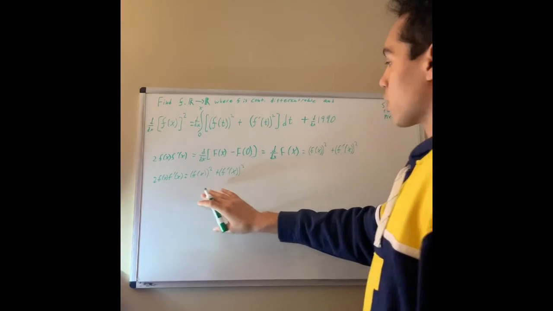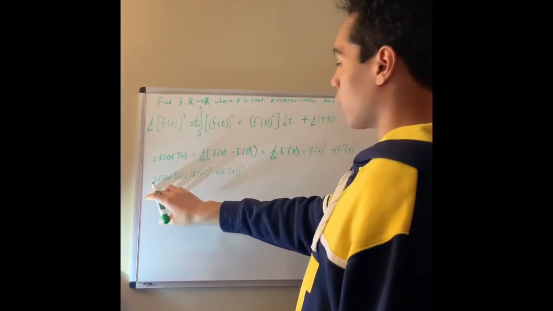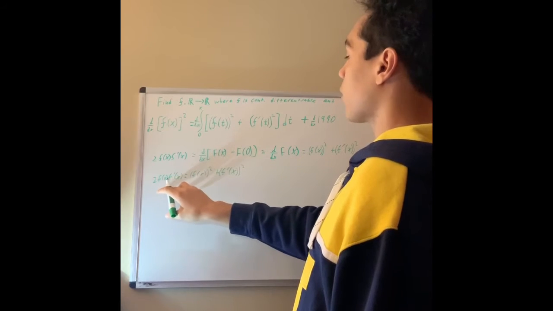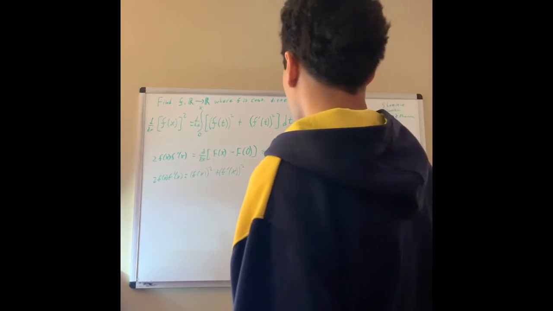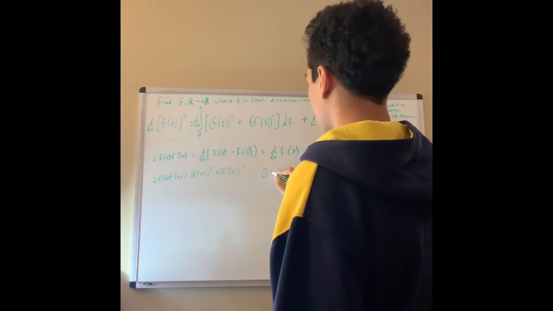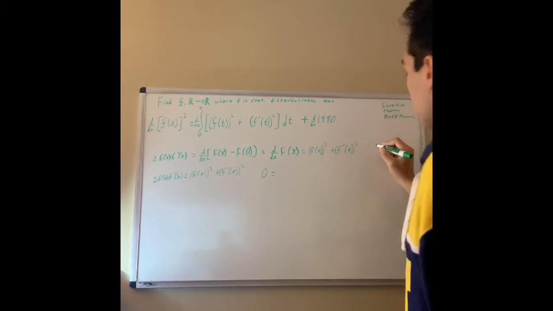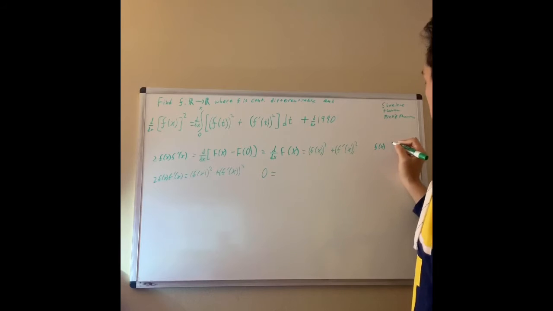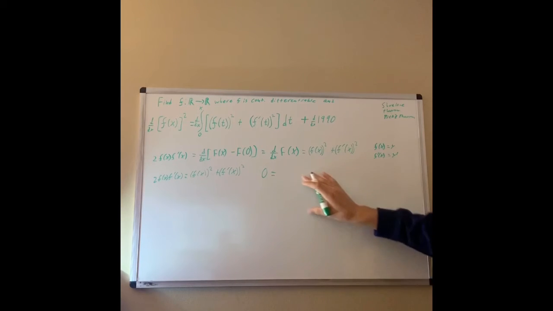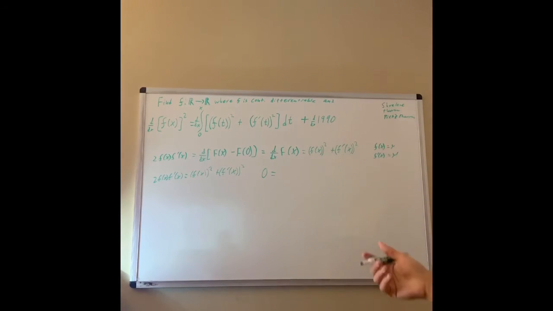So this is just the difference of two squares. If you subtract 2f(x)f'(x) on both sides, we're going to get that 0 is equal to, let's just write f(x) as y, and f'(x) as y', just to lessen the amount of writing I have to do.